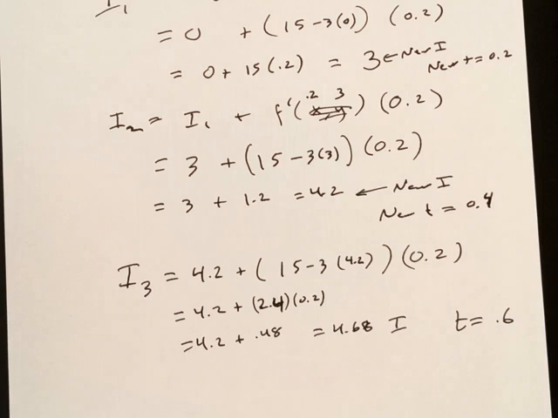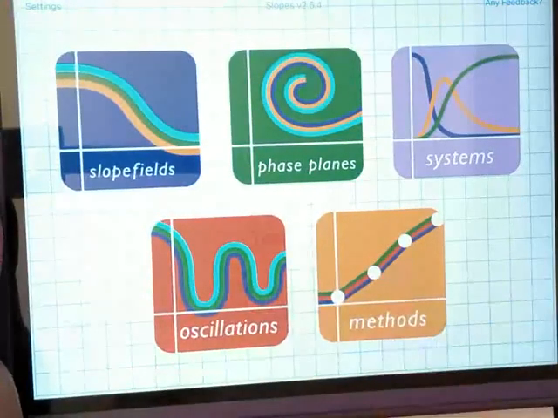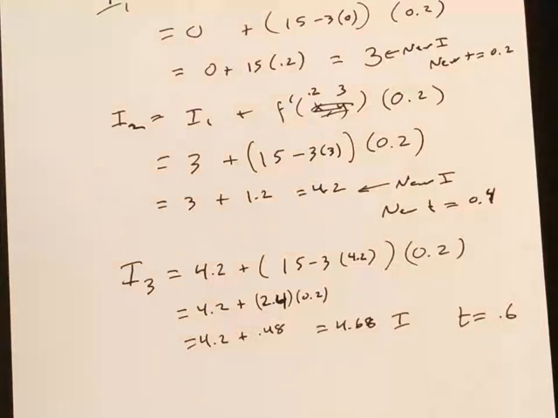If I go back to the main menu, there's some section called methods, and methods allows me to do Euler's method. I'm not going to do that on here, and there are a large number of other numerical methods for solving differential equations that I will put off to the differential equations course.